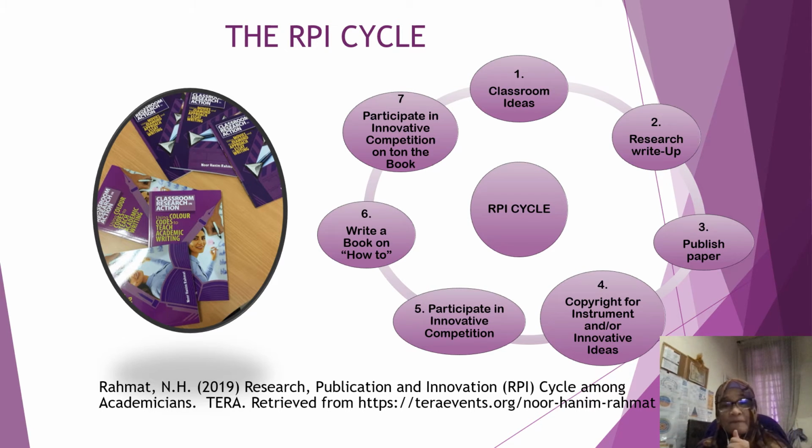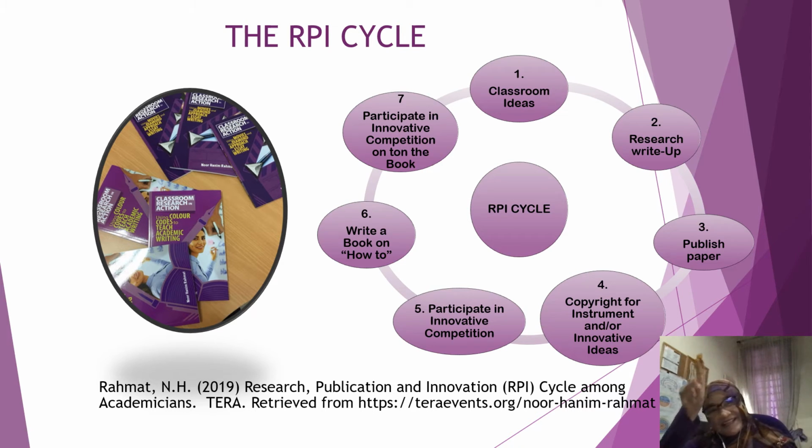The first one is the research, publication, and innovation cycle for academicians can begin with classroom ideas. Anything that you think of, that you know this is something that you are going to try, and you feel that it's not been done that way before, it's a new idea, then you need to write about it, and after you write about what you have taught, you need to publish a paper.